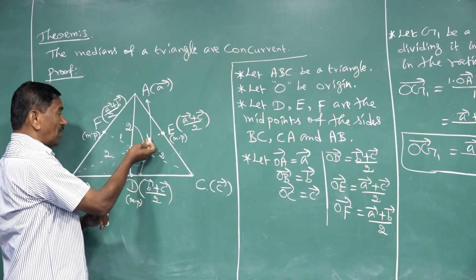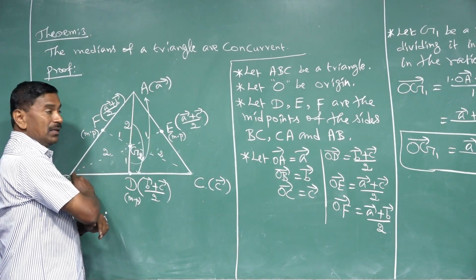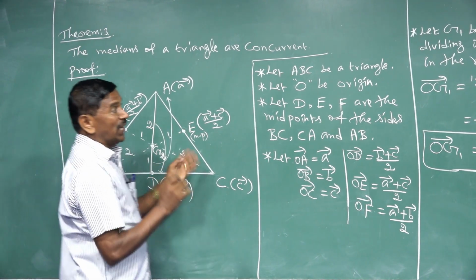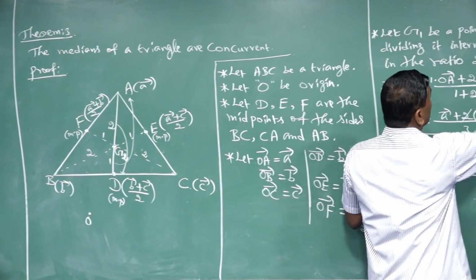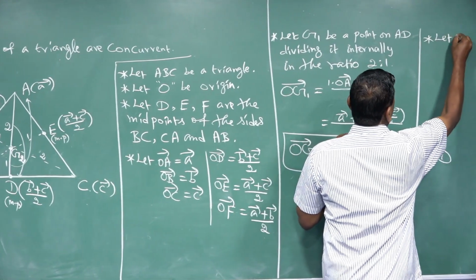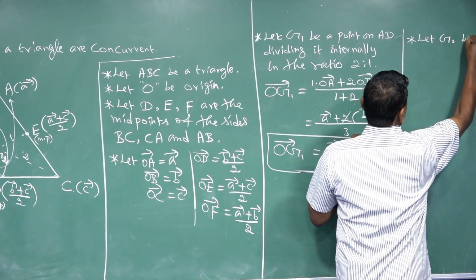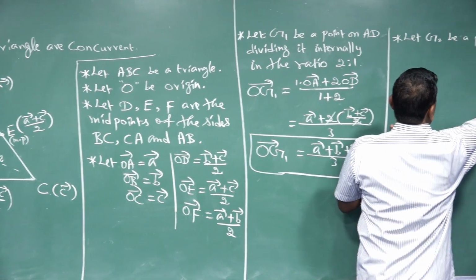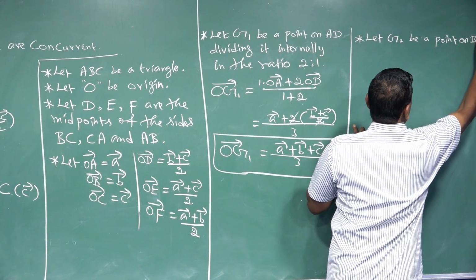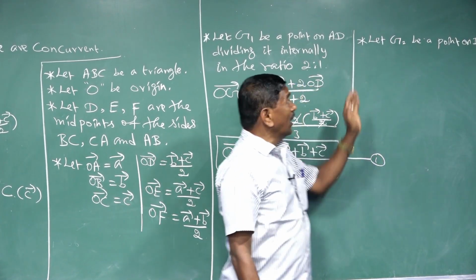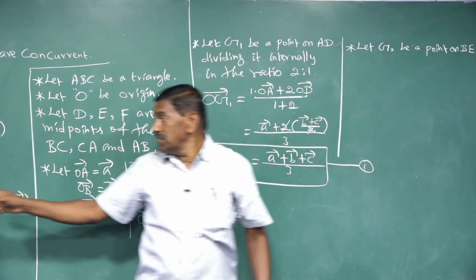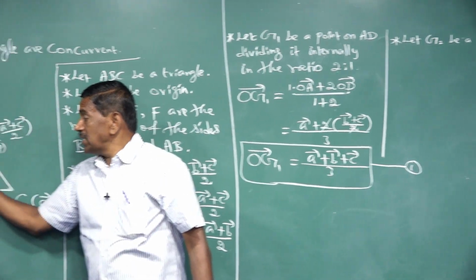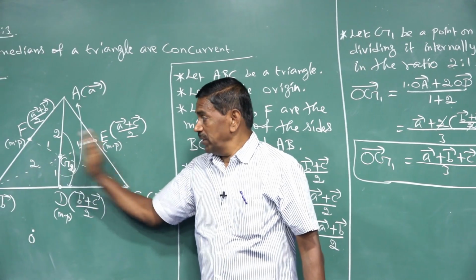Then by the section formula, 1 into OB vector plus 2 into OE vector divided by 1 plus 2.